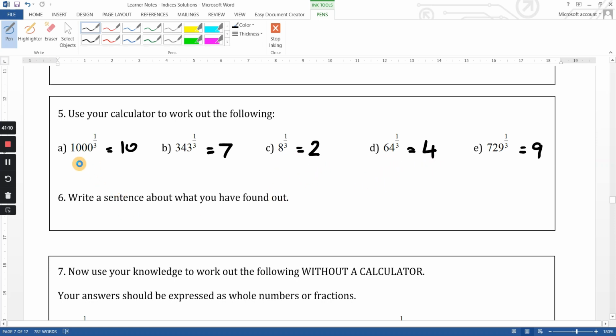So if you do the cube root of 1,000, you get 10. Cube root of 343 is 7. Cube root of 8 is 2. And the cube root of 64 is 4, and so on. So write a sentence about what you found. So we can say power third means cube root.